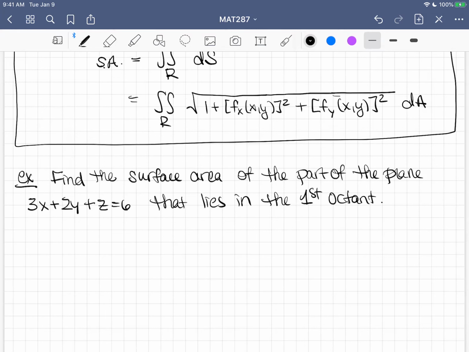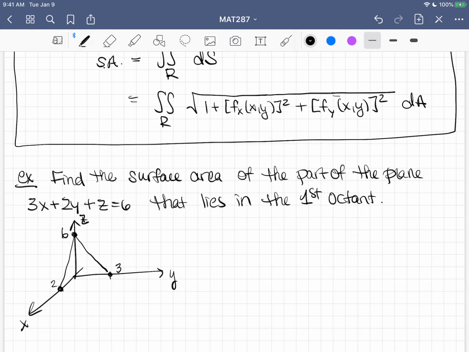Okay, so we've done planes for a while now. You should first start by giving a sketch, and remember when you're sketching the plane in the first octant, really all we need to find is the points of intersection on each of the axes. Okay, so if I let x and y both equal 0, then z is 6. So we're up here at 6. When y and z are both 0, I have 3x equals 6, so x is at 2. And when x and z are both 0, we have 2y equals 6, so y is at 3.